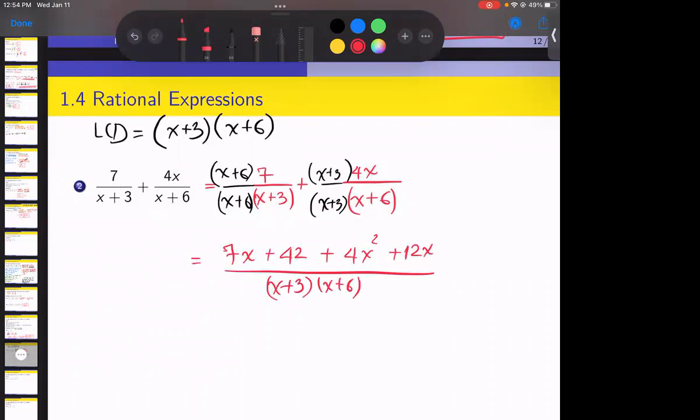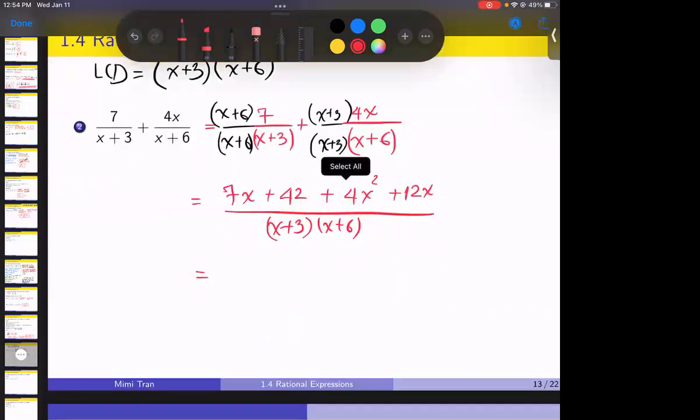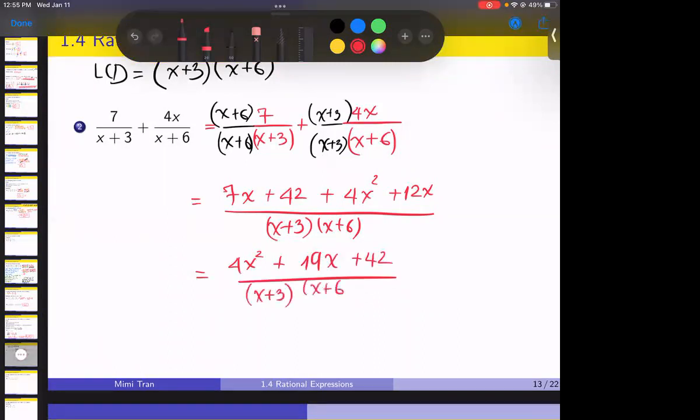Leave it like that because you might be able to cancel it later. 4x squared plus 7x plus 12x is 19x plus 42. I don't think you can find any two numbers that multiply to 42 and add to 19, can you? No. It's prime, so done.